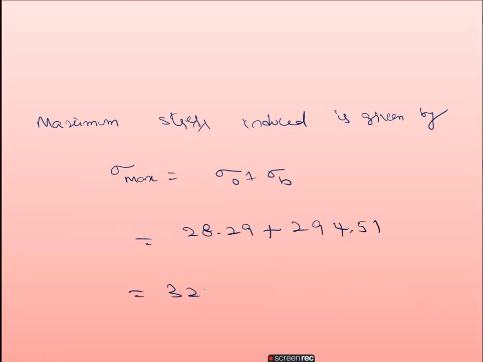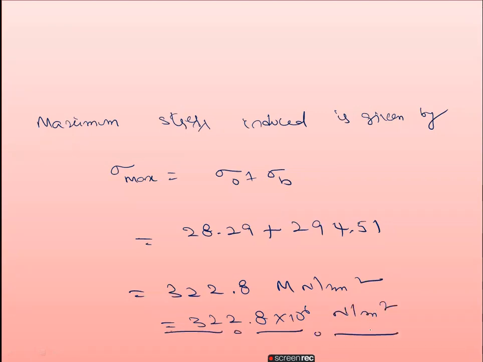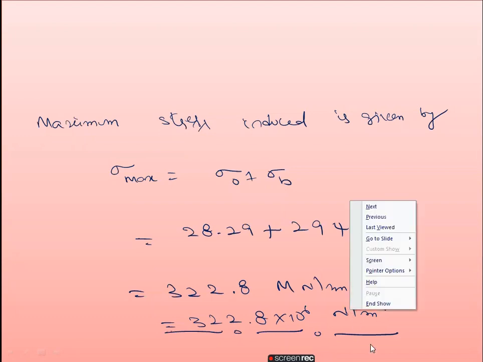Finally you will get 322.8 mega Newton per meter square, that is 322.8 into 10 power 6 Newton per meter square. So this is the solution for this problem, the maximum stress induced. Now I will end the session.